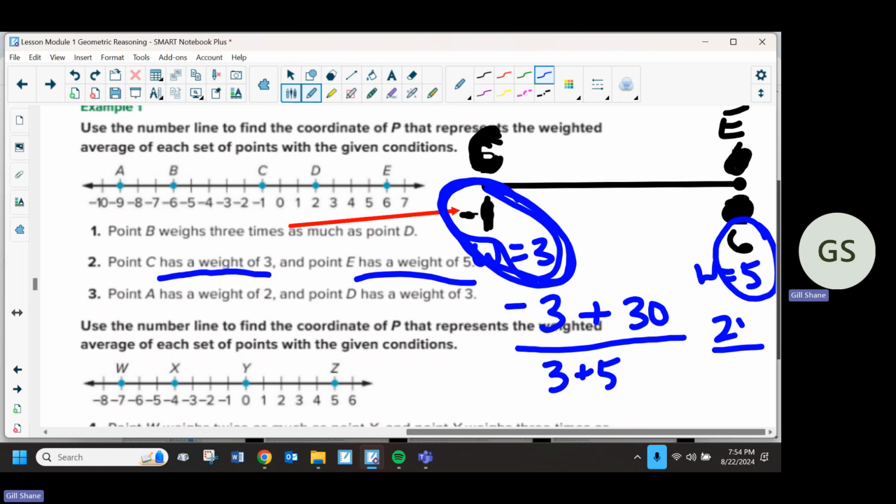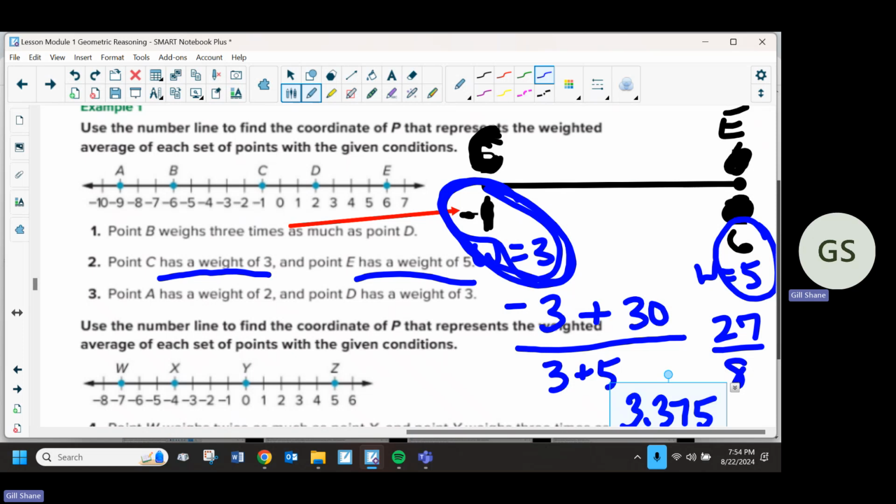If you convert that to a decimal, which most of you did, it comes out to be 3.375.